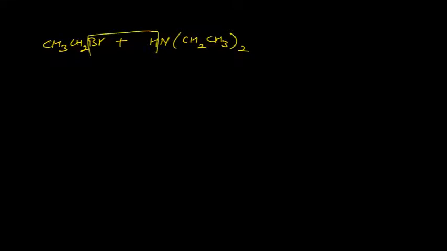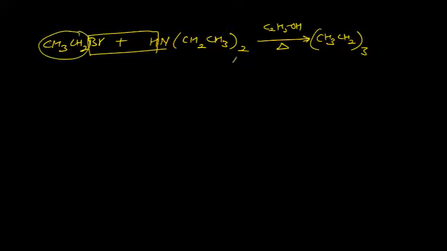So this HBr will go away, and with alcohol and heat, (CH3CH2) whole thrice N. Now this group and these two groups are already there. So three groups attached to nitrogen. So here it is tertiary.